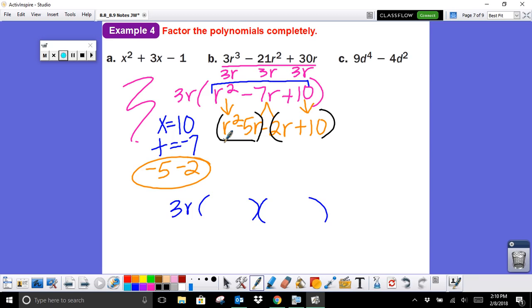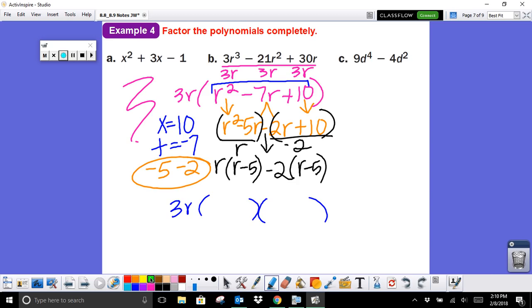So my first group has an R in common, that's my GCF. If I take that R out, I'm left with R minus 5. This second group has a 2 in common, but really it's a negative 2 because I had to bring that minus sign down. And so I am left with R minus 5.